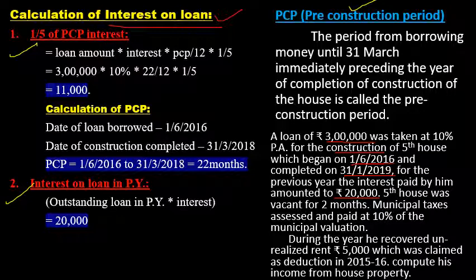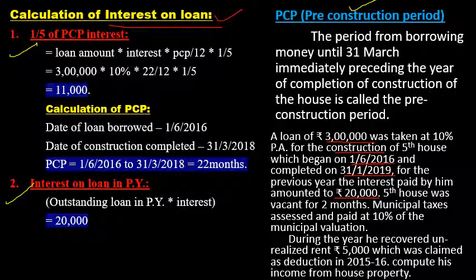The pre-construction period starts on the date on which the loan was borrowed and ends on 31st March prior to the date on which the construction was completed. I repeat, the PCP means the date on which the loan was borrowed and ends on 31st March prior to the date on which the construction of house property completed.